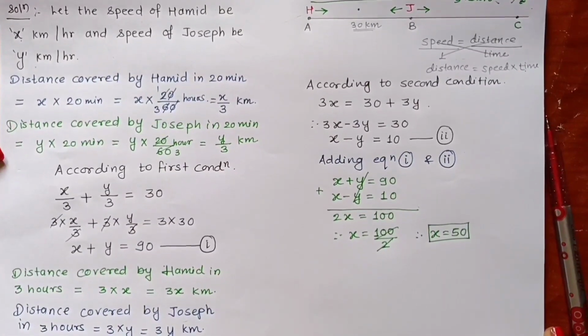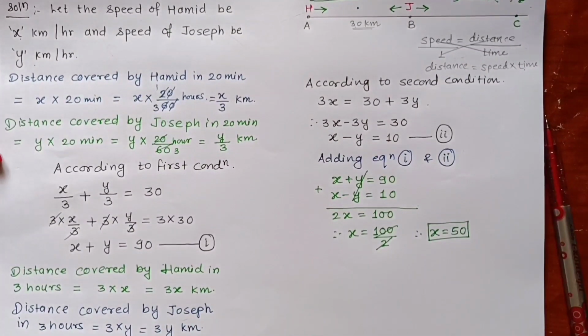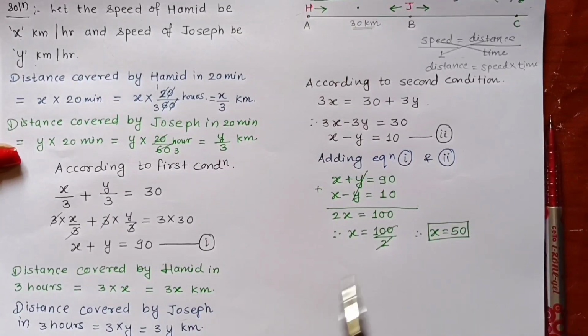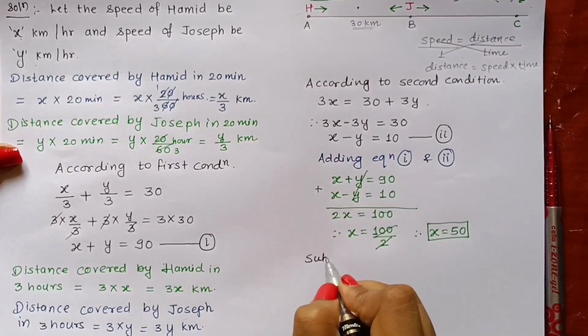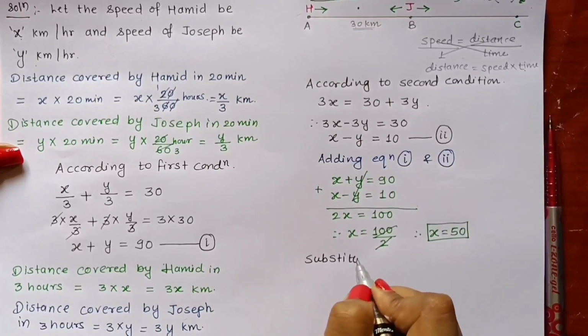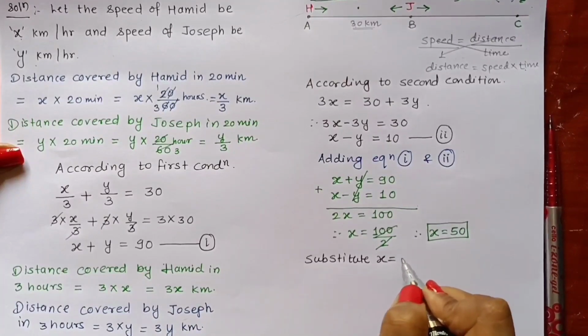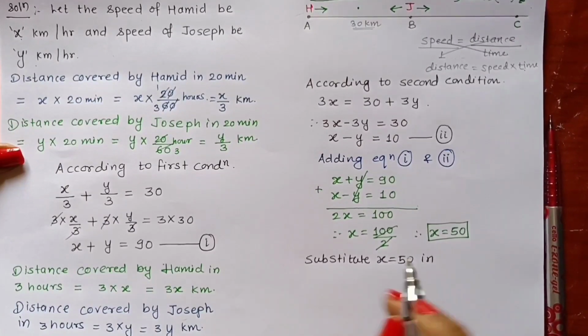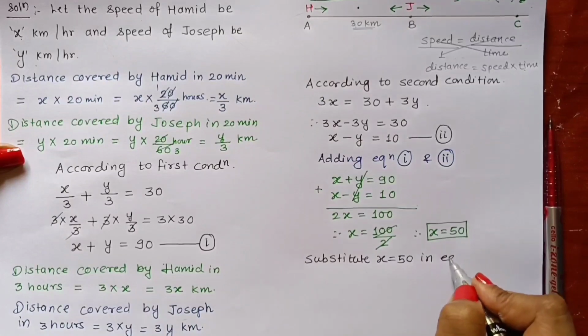Now let us get the speed of Joseph's bike. So substitute x is equal to 50 in any one of the equations. You can substitute in equation 1.